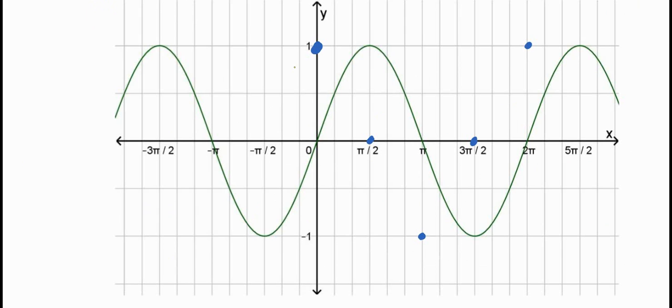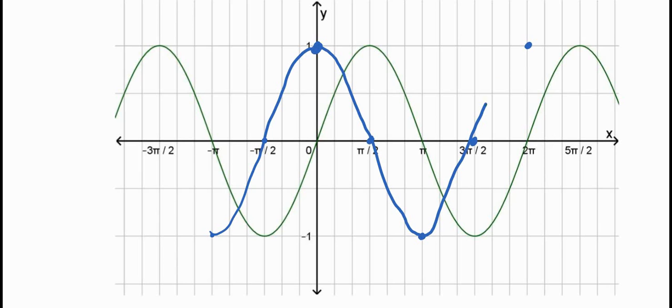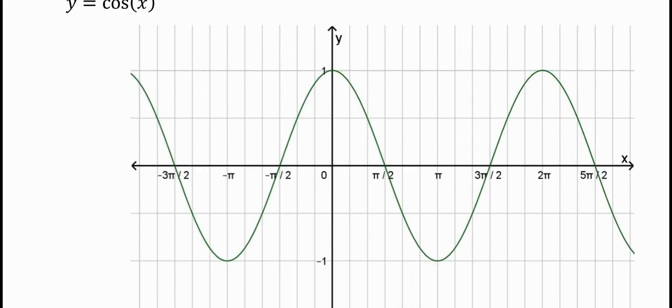We'll draw that in there. Okay, I want you to just quickly try to do the same thing for cosine.